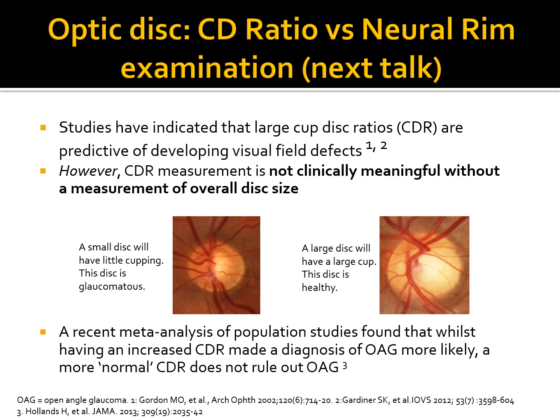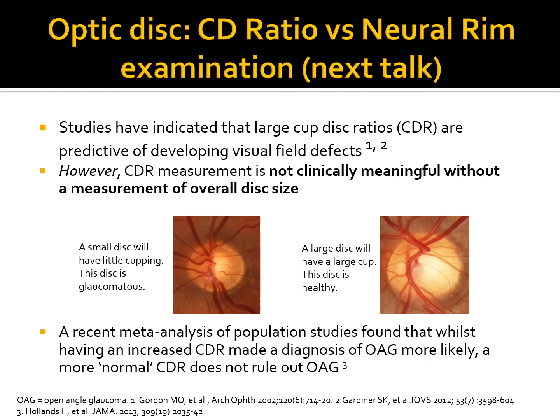So, we'll put it this way, we've all got approximately 1.2 million nerves going into our optic nerve. Now, if we've got a huge optic nerve, say 2.5 millimeters, then we've still got 1.2 million going in there, but obviously they're going to be spread out over a much larger area.